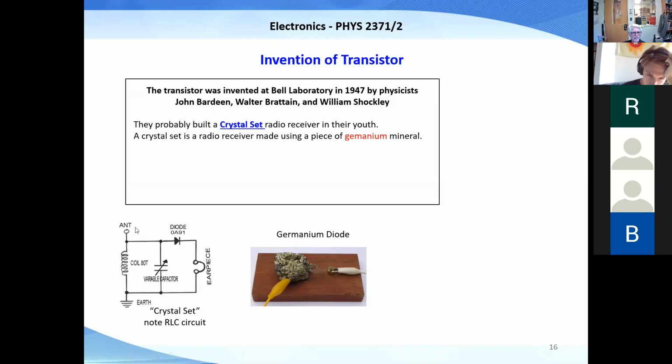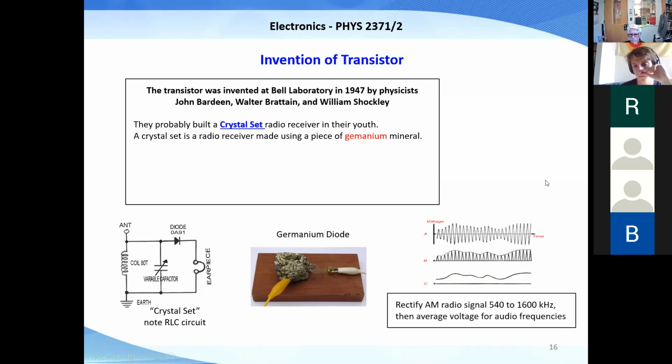So if you have a big antenna and a ground, you have electromagnetic waves hitting the antenna, a little bit of electricity coming into this. If this LRC circuit is tuned to that particular frequency, then you're going to get a voltage buildup on the capacitor, just like you did in your circuit.